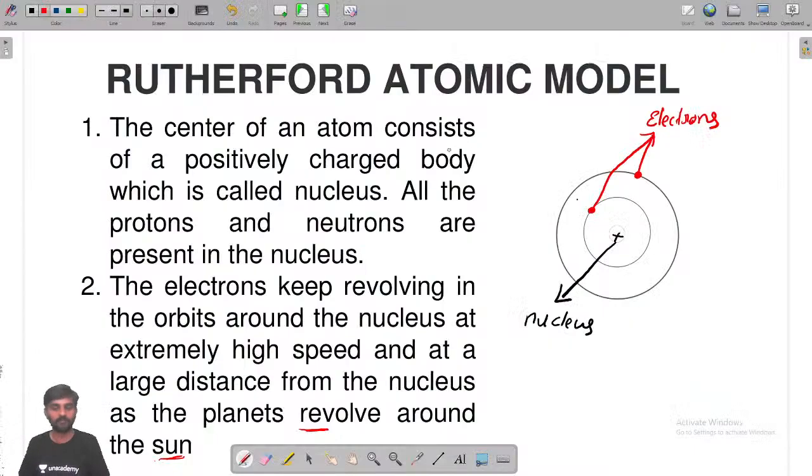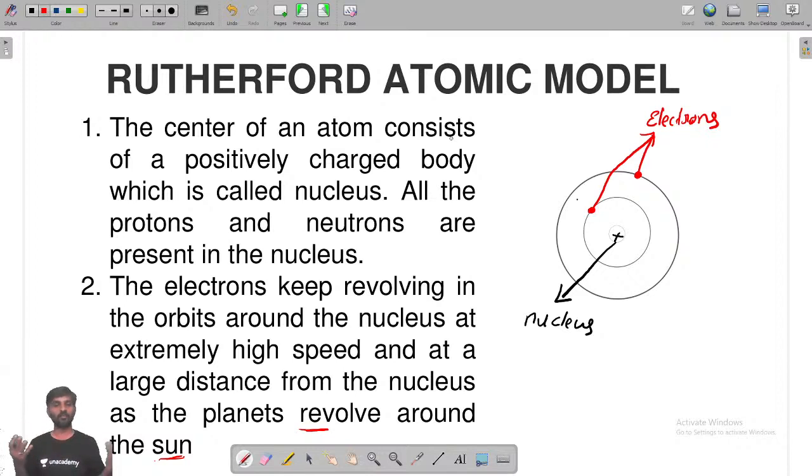So coming back, this is what he proposed. The nucleus has some positive charge and consists of protons and neutrons, and electrons are revolving around the nucleus as planets revolve around the sun.